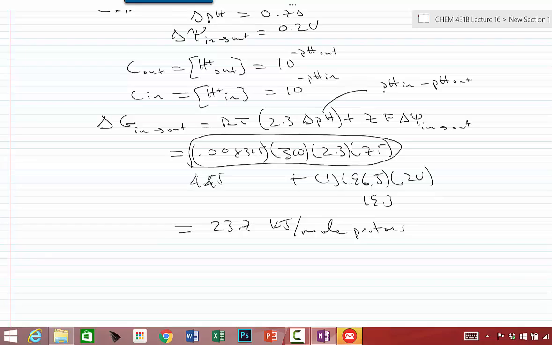So that's how much energy it takes to push out a mole of protons across that membrane. Now, does anybody remember from my last lecture how many moles of protons get translocated across the membrane for every mole of NADH which is oxidized?